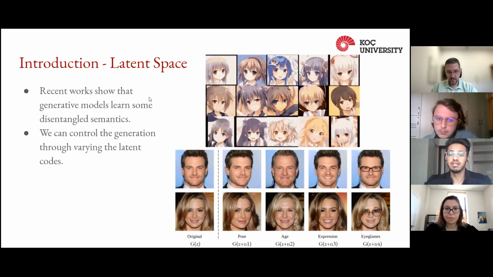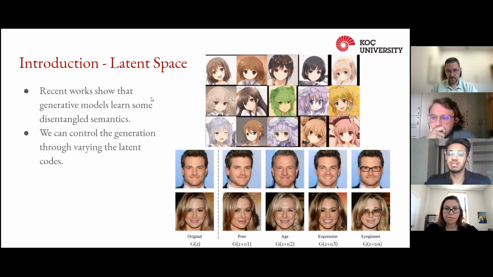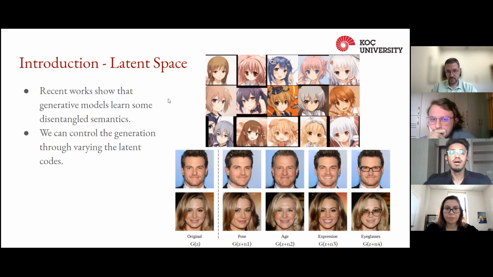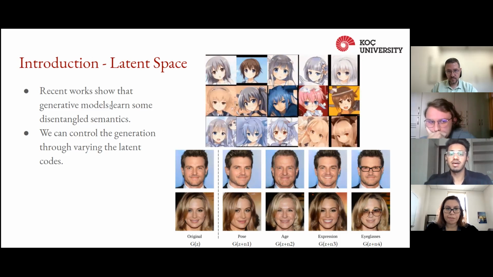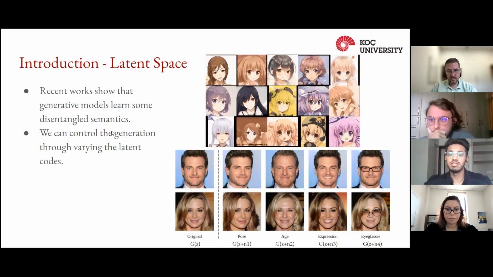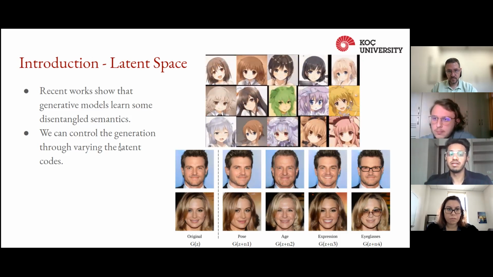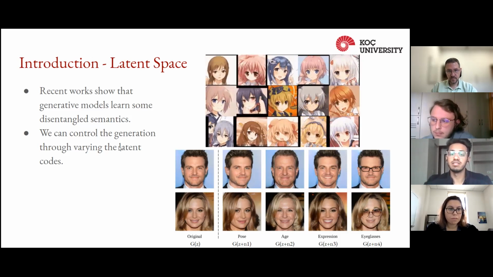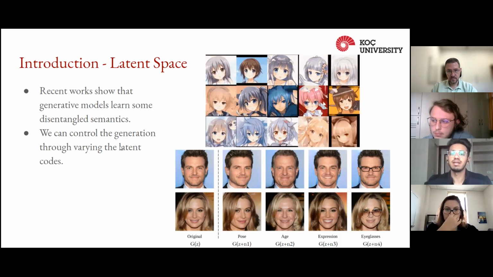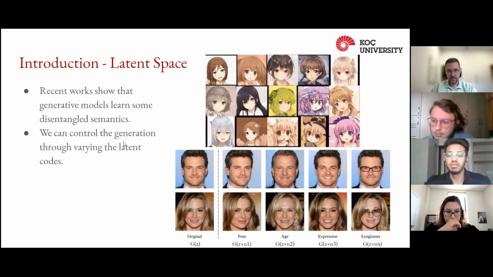One direction in the latent space maps to a specific feature in the image space. Using this idea, we can control the generation of images. We vary the latent code slightly, and it changes our image slightly while preserving the identity of the image.